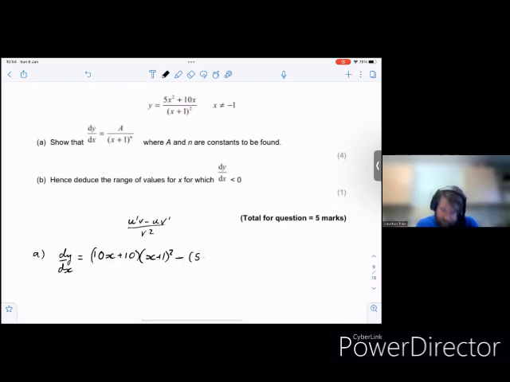So u is 5x squared plus 10x. V dash will be 2 bracket x plus 1 to the 1, all over v squared, so that's x plus 1 to the 4.